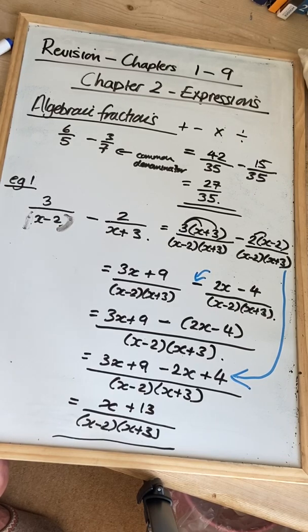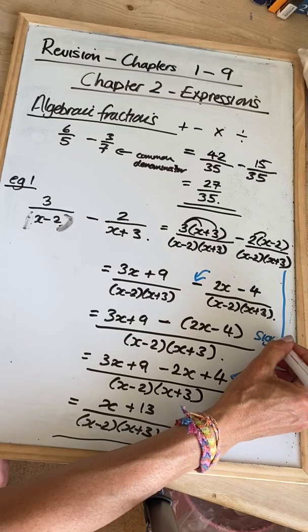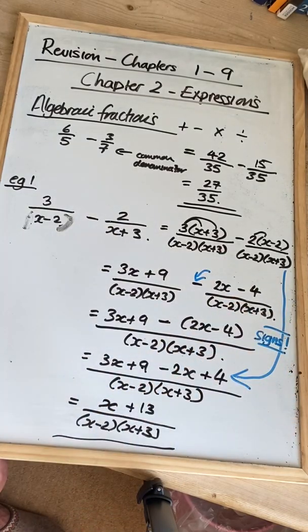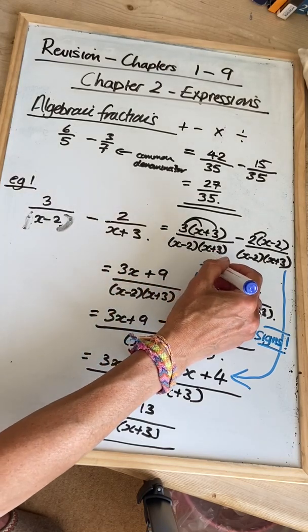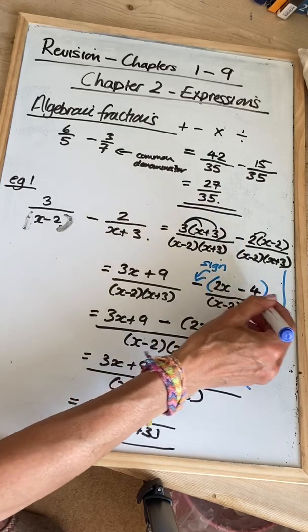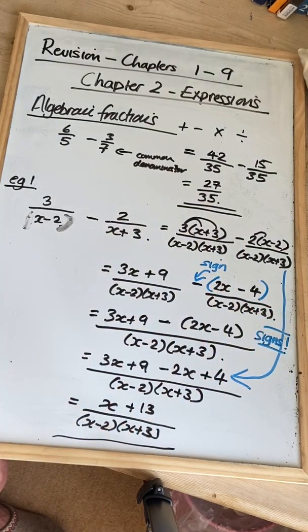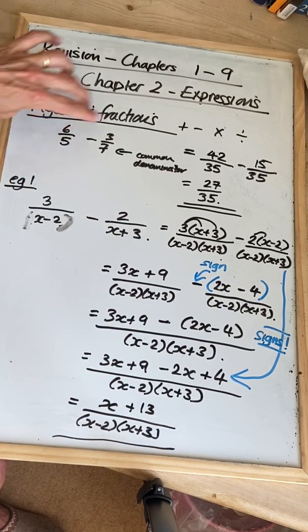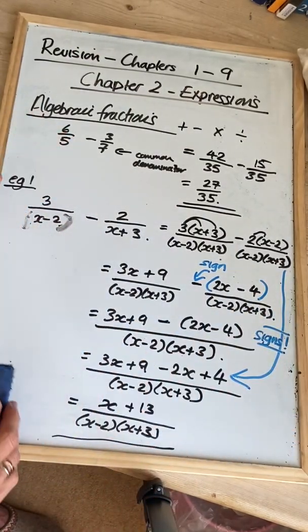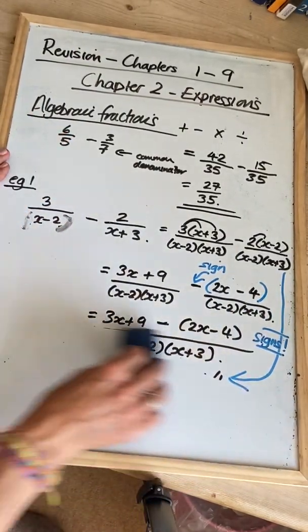I'm fine with that as long as you get your signs right. If you think you're likely to get your signs wrong, you show all your workings. Yeah, this is important. This minus sign in the middle here applies to all of that. If you don't do that, you'll get your signs wrong. Okay, so that was adding or subtracting, because the rules are the same. Algebraic fractions, they work the same as they do with normal fractions.